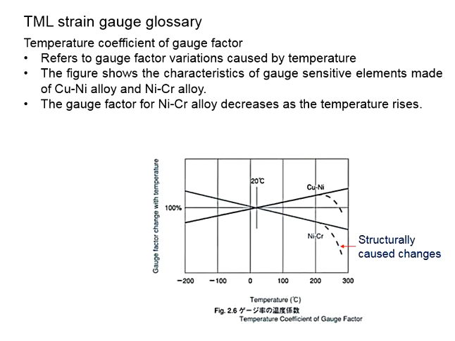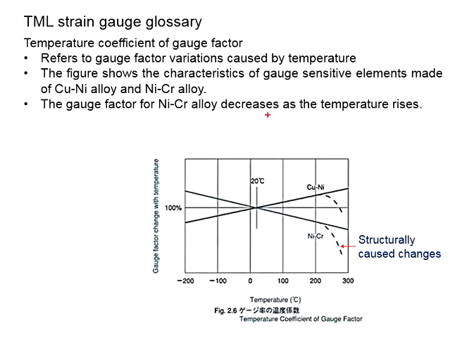Bear in mind that theoretically you can still use the strain gauge under high temperature as long as structurally caused damage does not occur. Only that you need to do some corrections to the gauge factor that you use to compute the strain.